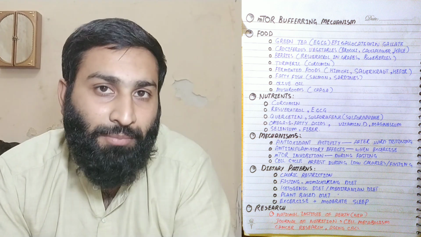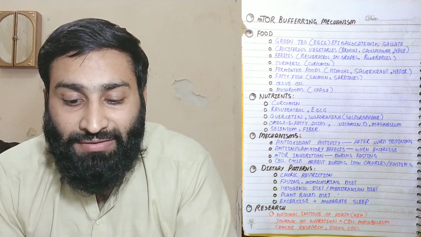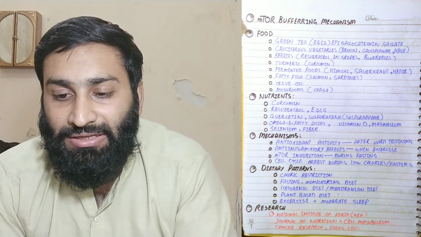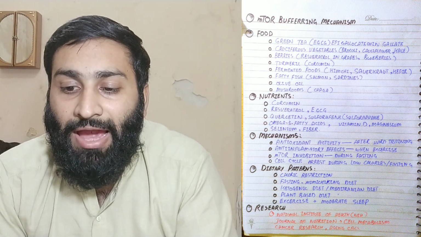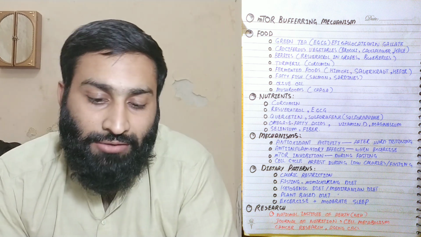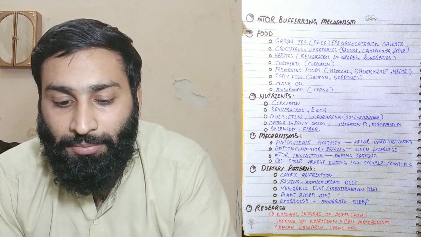So this is the mTOR buffering mechanism through food, while the nutrients curcumin, resveratrol and EGCG, epigallocatechin gallate, are compounds that inhibit the mTOR pathway.